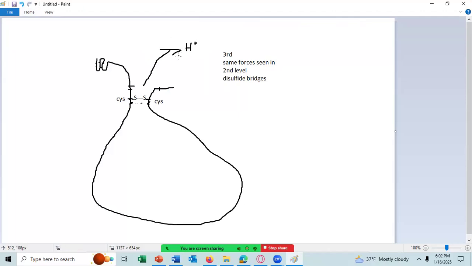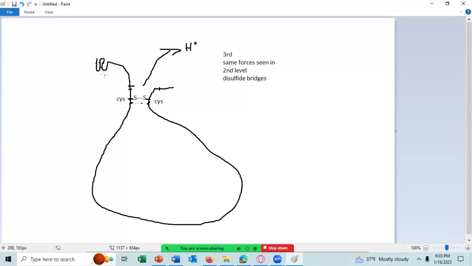Kind of a plus. And then the cysteines are linked together by a disulfide bridge, where the sulfur of this cysteine and the sulfur of this cysteine actually link together. That makes a very strong interaction between this cysteine and this cysteine, because that is a chemically covalent bond. Much stronger than a hydrogen bond shown here. Any question about that?